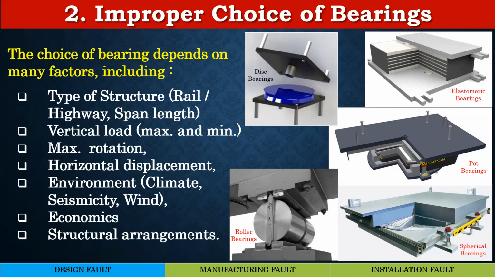This is being done since one of the IRC manuals for 6-laning of expressways mentions a design service life of 50 years for bearings. I think this is not the correct application, and depending upon the span and the load, the appropriate bearing should actually be chosen.